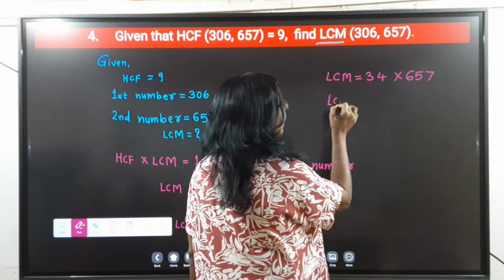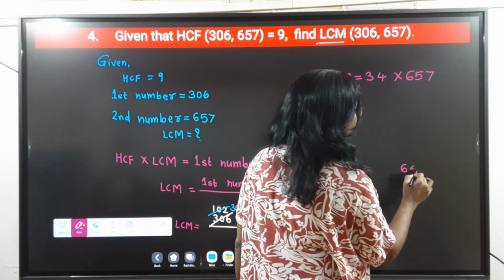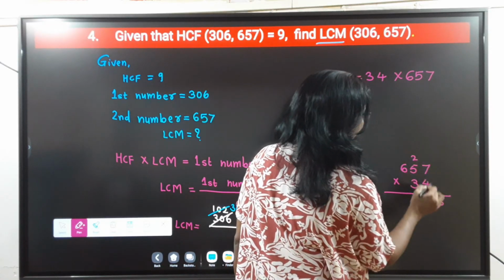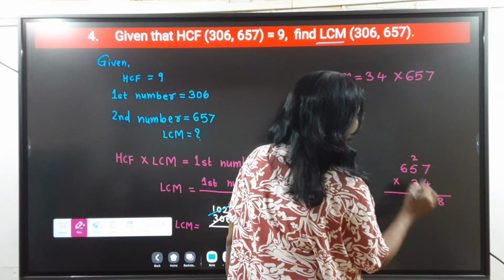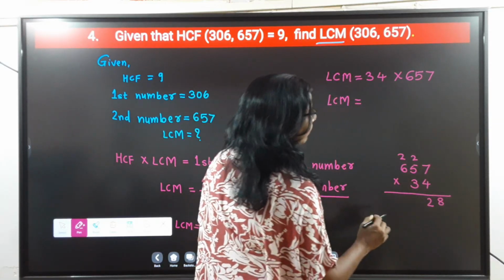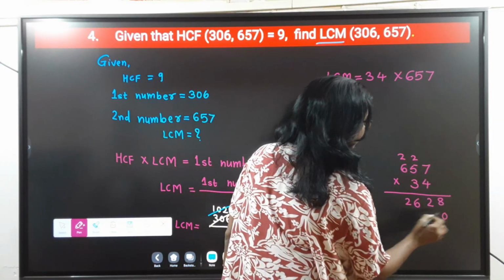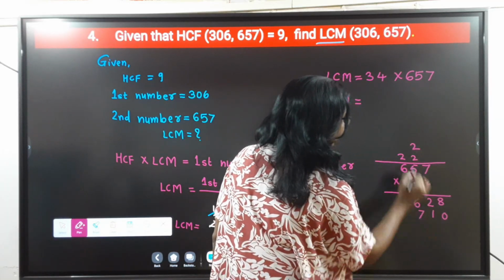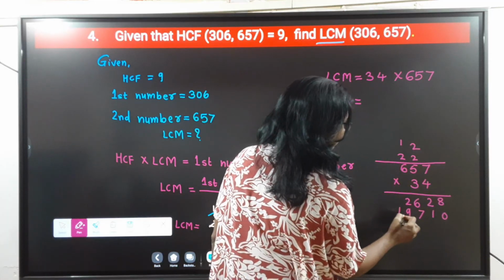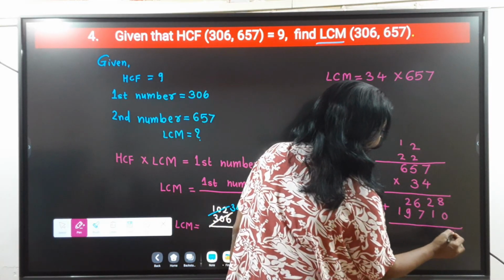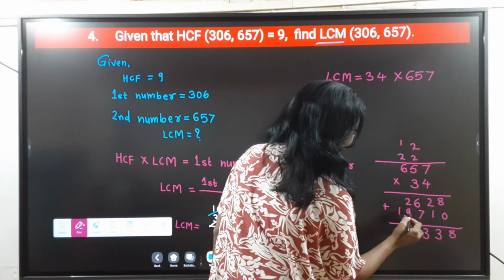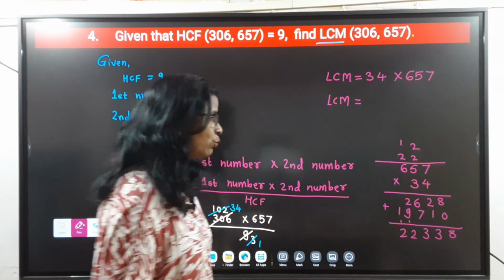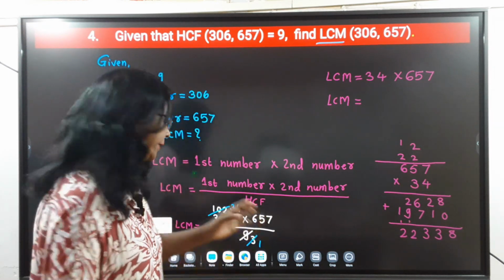657. So here I calculate this, 657 multiply 34. So here 4 7s are 28, so 8 carry 2, then 4 5s are 20, 22, then 6 4s are 24 and then 26. Then the addition of these gives 22,338 as the answer.